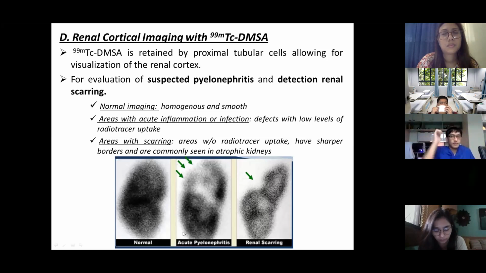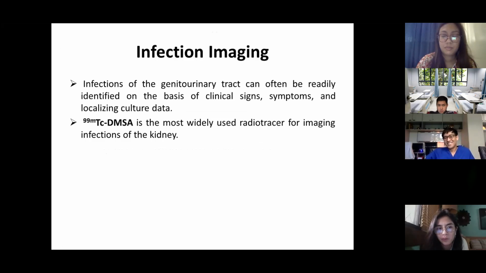So for normal imaging, the renal parenchyma will appear homogeneous and smooth, and in areas with acute inflammation or infection, the defects will appear with low levels of radiotracer uptake, and areas with scarring, so there will be areas without radiotracer uptake, and it will have sharper borders and are commonly seen in atrophic kidneys.